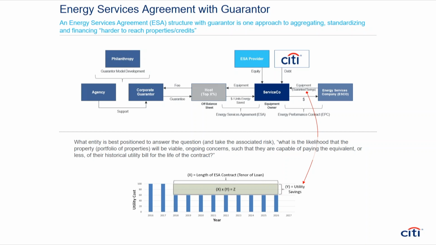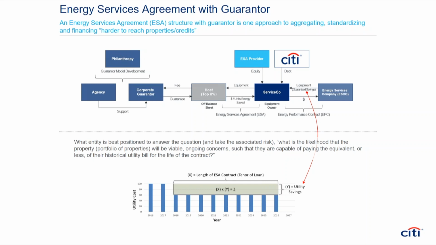The real risk here that I'm evaluating as a lender is what is the likelihood that this entity is going to be capable of paying the equivalent or less of its utility bill for the life of my project, for the life of my contract. That's the risk, right?